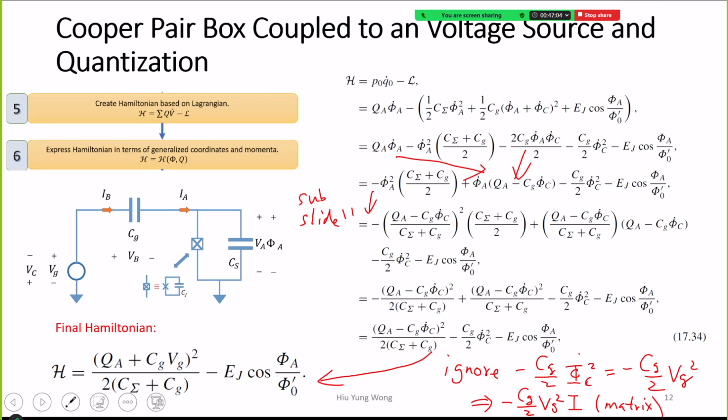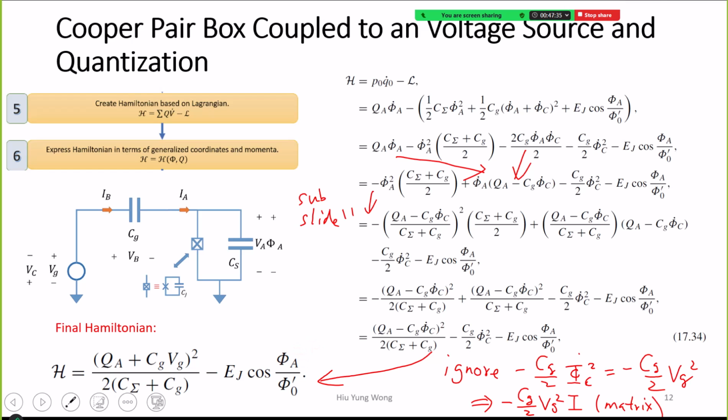The main point is that I hope you can appreciate we start with just a circuit and we carefully recognize which are the conjugate variables. And we just do the careful substitution, follow the procedure. Eventually we come up with a Hamiltonian that depends on phi A and QA, which means it depends on the coordinate and the momentum. And that is the total energy of this system.